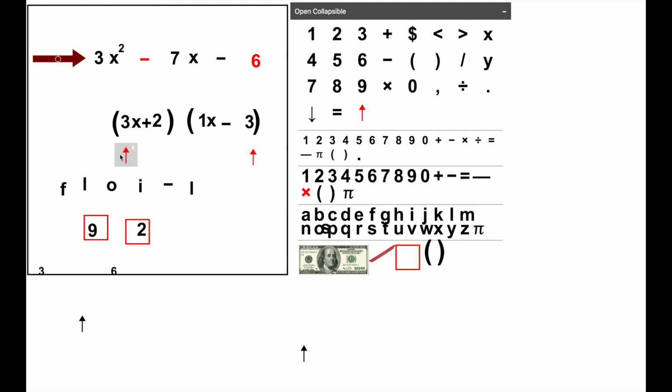Then guess on your outside, guess on your inside, and now see if your outside multiplied together plus your inside multiplied together gives you the middle term. If it doesn't, just swap them. If that still doesn't work, then you need new numbers, and then you swap those also. You need different multiples, and that's it.